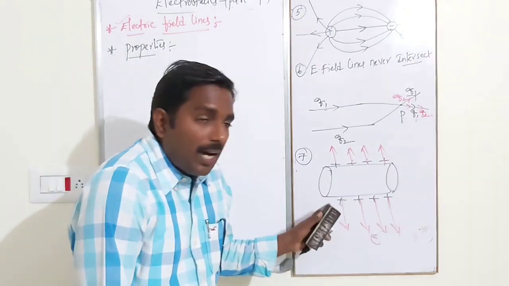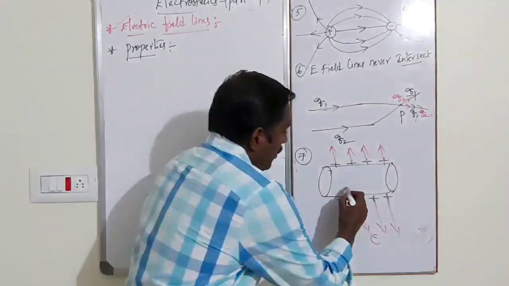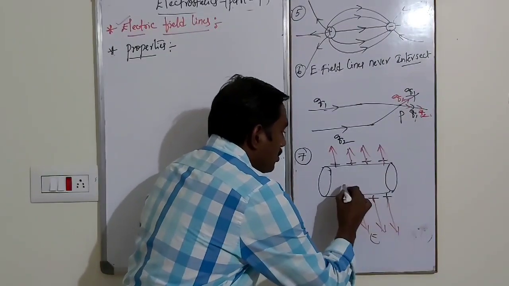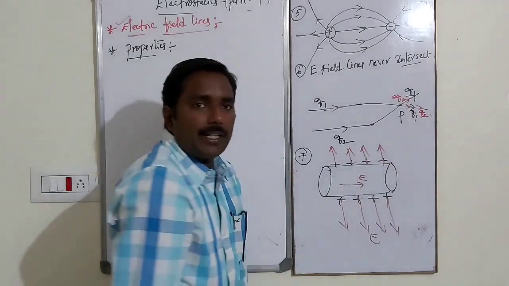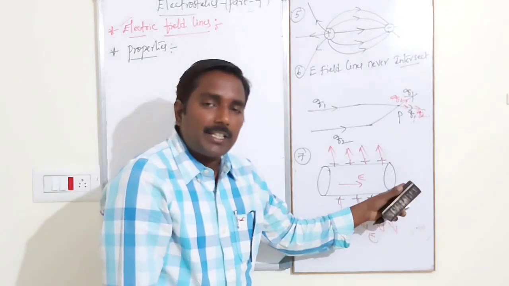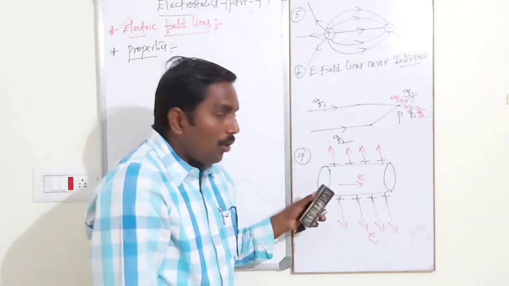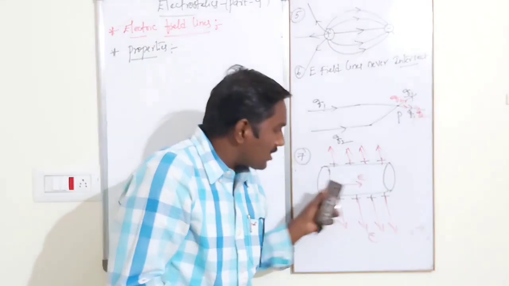Suppose the field lines are parallel to the charged conductor, and suppose this is the normal. If electric field lines are parallel to the charged conductor, that means charge flows in that way, which means a current passes through the conductor.